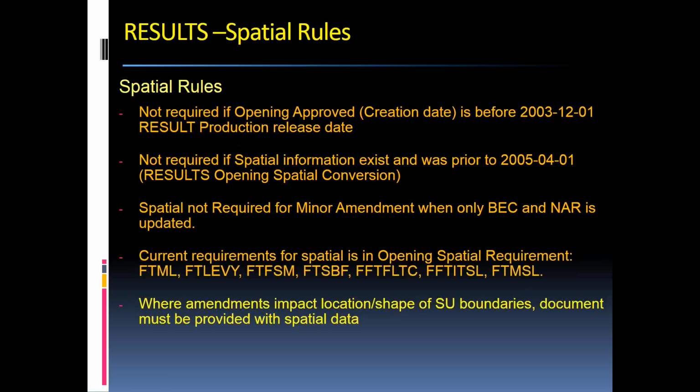From that one exercise done back in 2005, that created about a 68% coverage for opening boundary. And now we're at a stage where we get all these newer openings, and licensees are updating also some of the records if they're still active over time. So the coverage has improved many fold, like we're now around 87%. So that's just something that you have to be aware of.